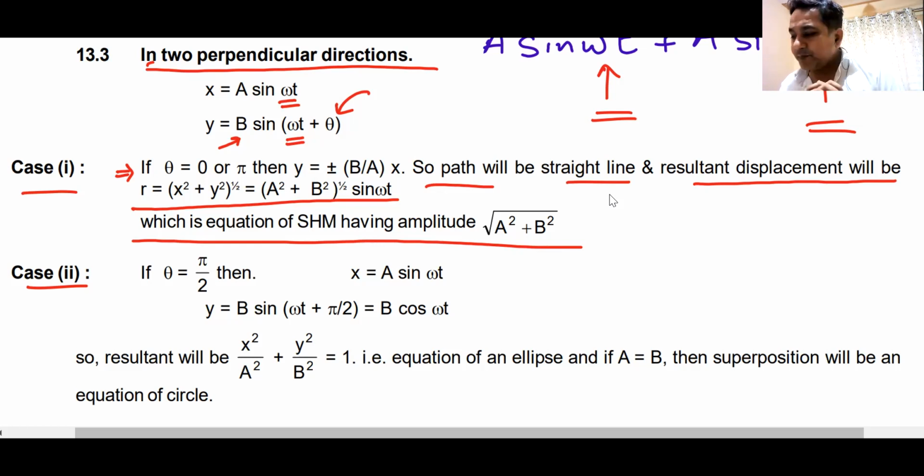Angle is 0 or pi. The particle will execute SHM along a straight line. If A and B are the same, 45 degrees, amplitude will be root over A square plus B square. Do we understand this?